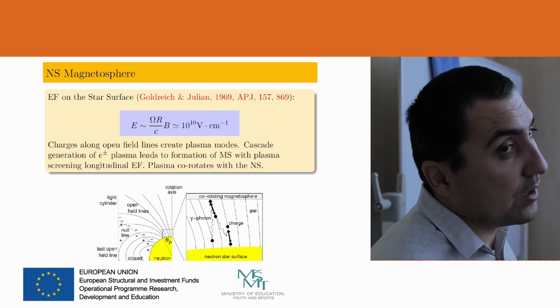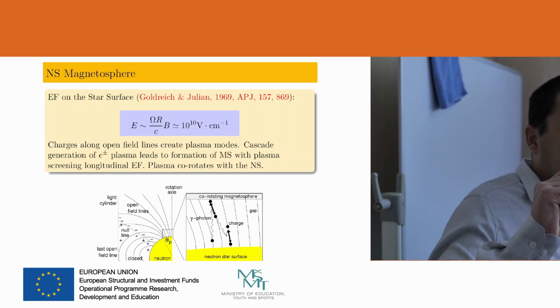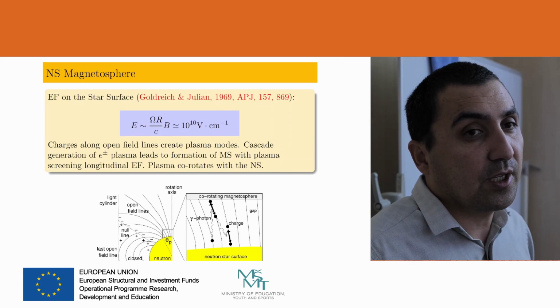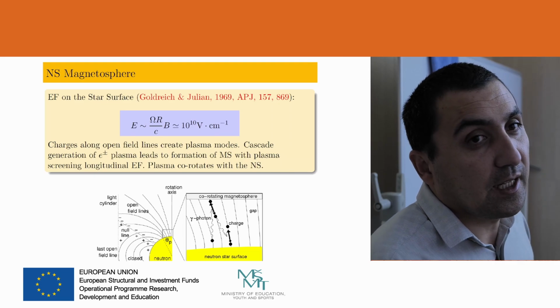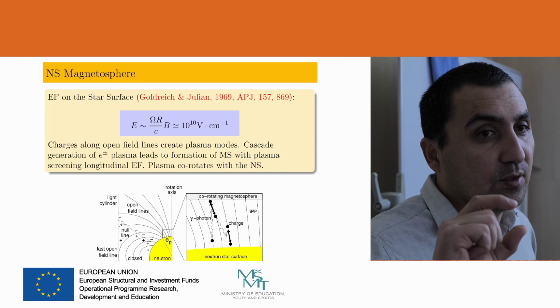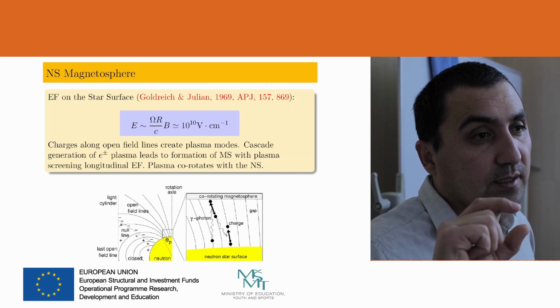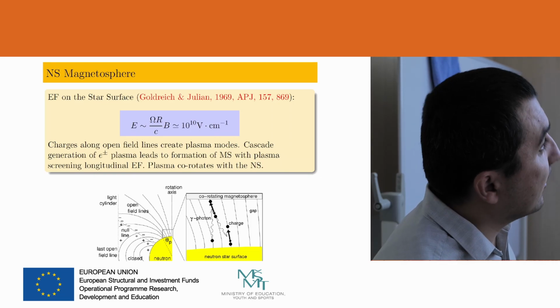So this is a very huge potential difference even over a 1 centimeter distance. So an electron can gain up to 10 billion electron volts, 10 giga electron volts, in a 1 centimeter distance.